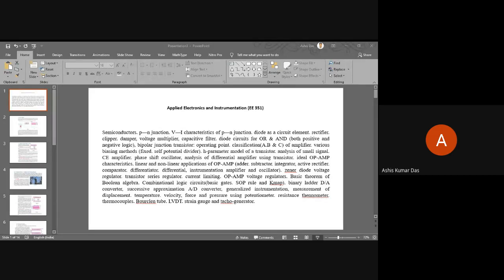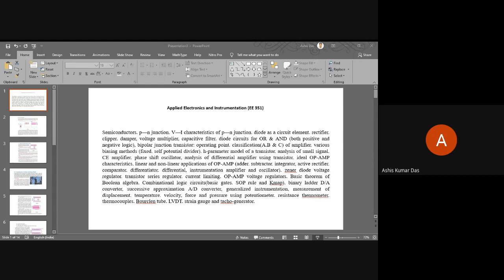We will see how to get the OR gate and AND gate, which gives us the digital electronics part, and how to fabricate the OR and AND gate using the PN junction diode.